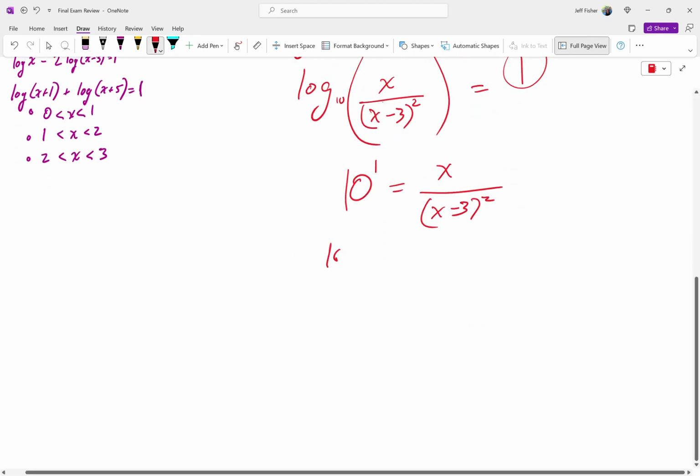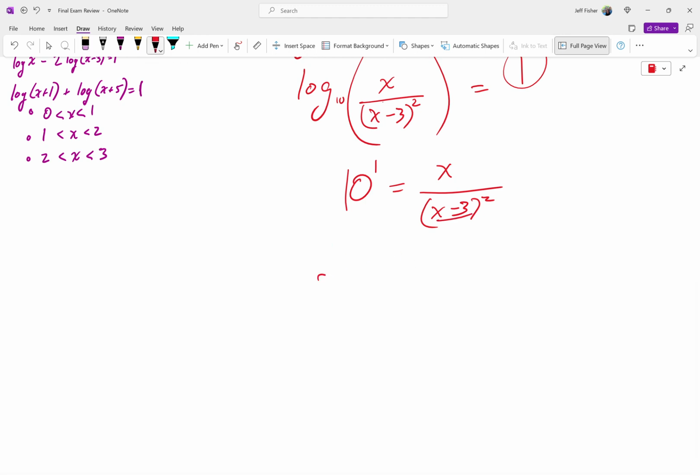So we can finish this up. 10 equals, so now we can multiply the x minus 3 squared into the top, and we have x minus 3 squared times 10 equals x. Let's FOIL this out, and we're going to have 10 times x minus 3 times x minus 3 equals x.